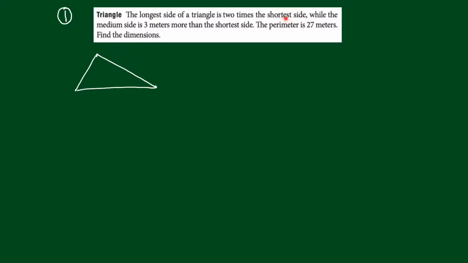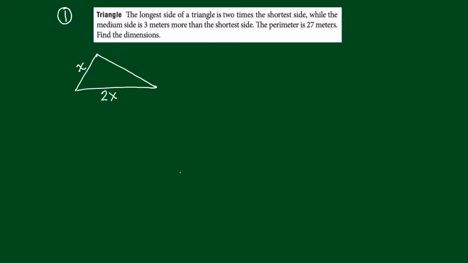Not always, but almost all the times in these problems I found that this works. So I'm going to look at my picture. Now it's just a picture, it doesn't matter. That looks like the shortest side, so I'm going to let that be x. And then what do you know? Well, it says the longest side is 2 times the shortest side. So 2 times would be, here's the longest side down here at the bottom, that would be 2x.